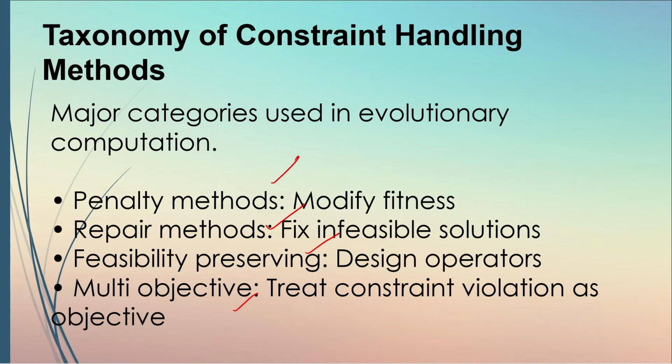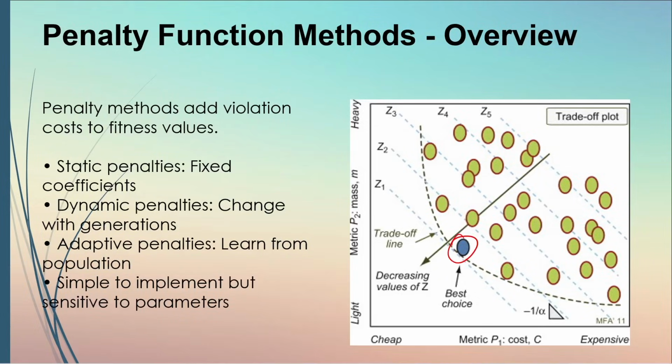When you use the penalty method, it tries to modify the fitness. When you use the repair method, it will try to fix the infeasible solution. When you use the feasibility preserving method, it tries to design some operators. When you use multi-objective, you treat the constraint violation as an objective. So in the penalty function method, my best choice is here, but I have a trade-off, so I need to achieve a balance.